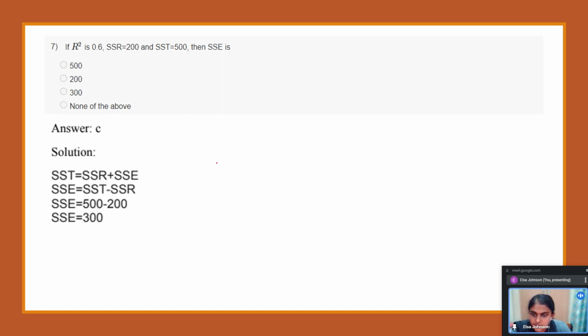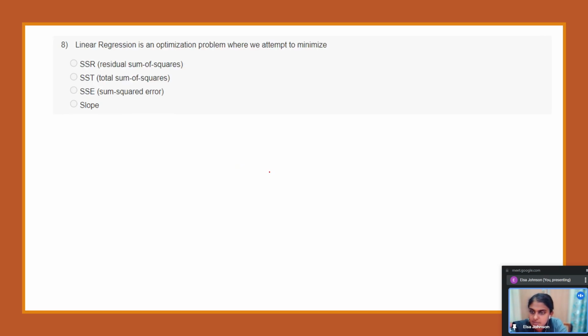So anyway, you can give it like that. Sum of squares of residuals is given like SST minus SSE, this is given. So you have the two values, it can be directly calculated. Okay, so the answer is 300.